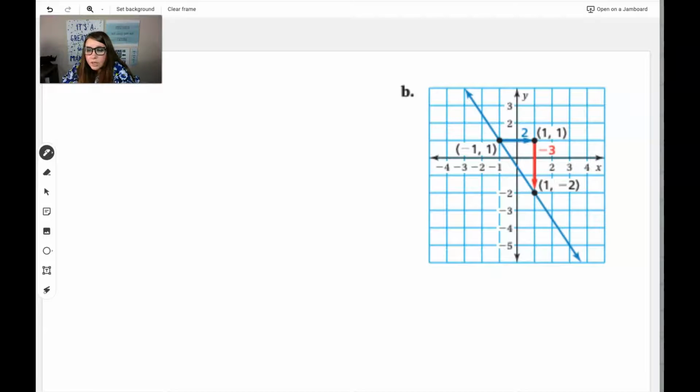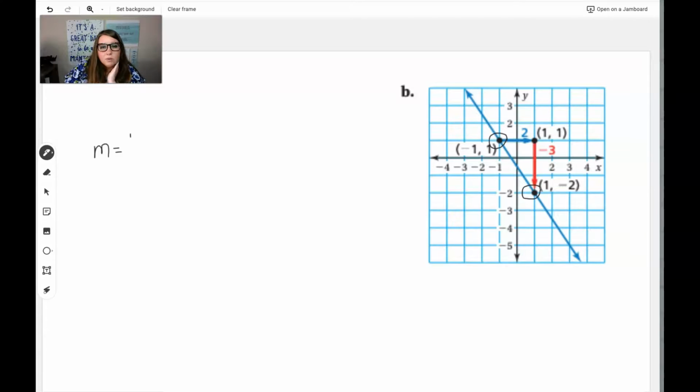So we're going to use the coordinates -1, 1, and we're going to use the coordinates here of our other point. So here's one point, and here's our other point, the ordered pair 1, -2. So we're going to use an equation to solve.